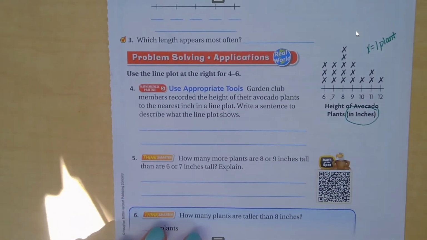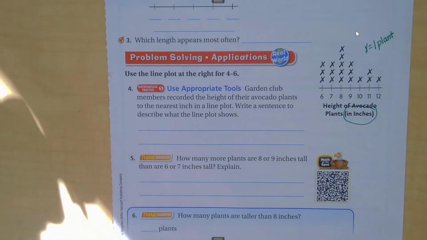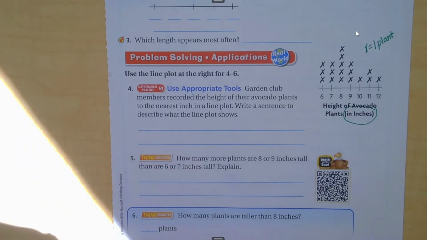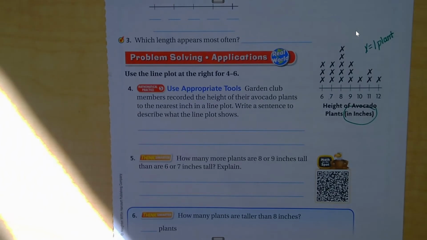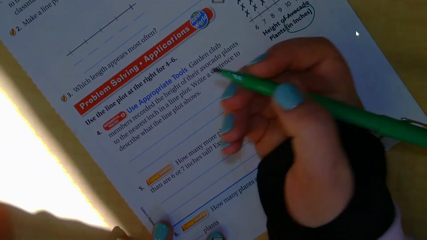Garden club members recorded the height of their avocado plants to the nearest inch in a line plot. Write a sentence to describe what the line plot shows. We just discussed it, but let's write it out.